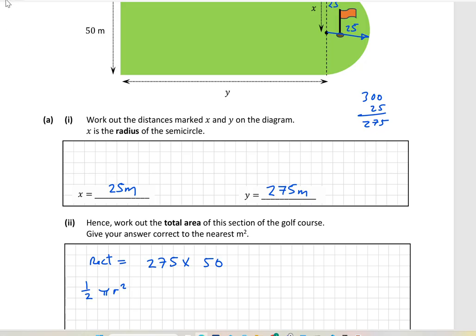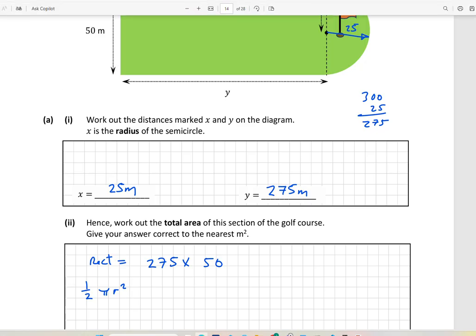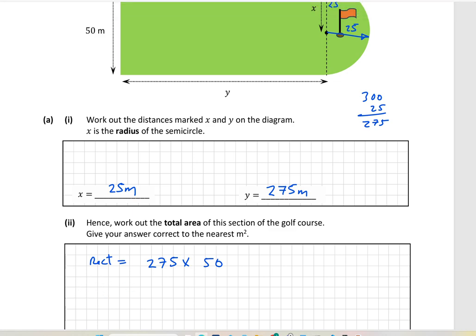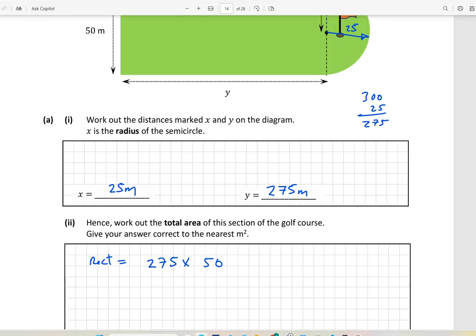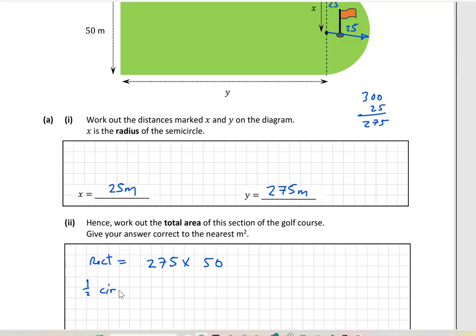Sorry, I should redo that there. So half circle equals half pi r squared, which is half pi times 25 squared.